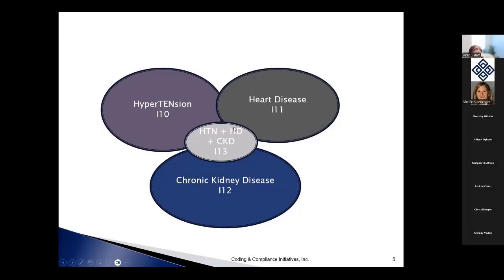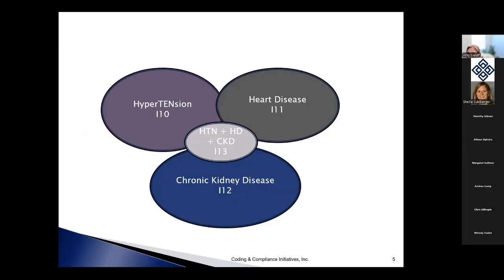And then we have I-13, which is going to be a combination of our hypertensive heart and chronic kidney disease. So we are going to be looking in one of these categories whenever we are seeing a patient with hypertension. We're either going to code from a hypertension only, or if they have an underlying condition such as heart disease or chronic kidney disease or both, we're going to be looking in one of those other categories.